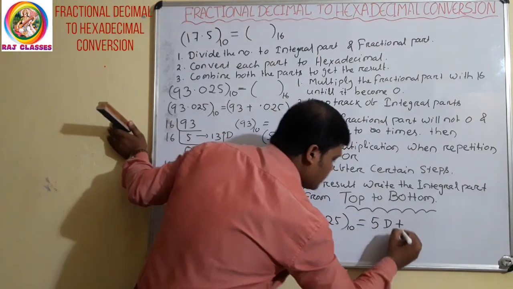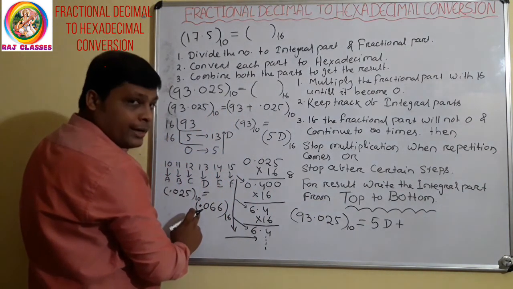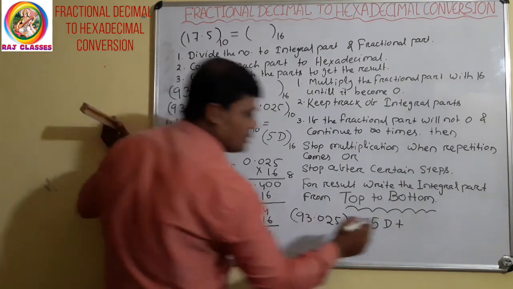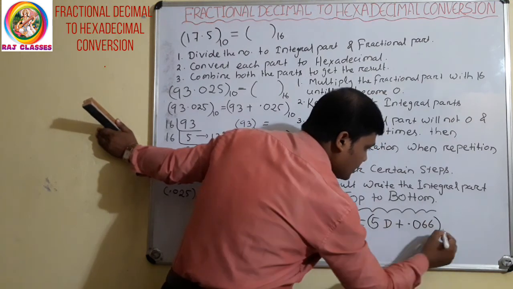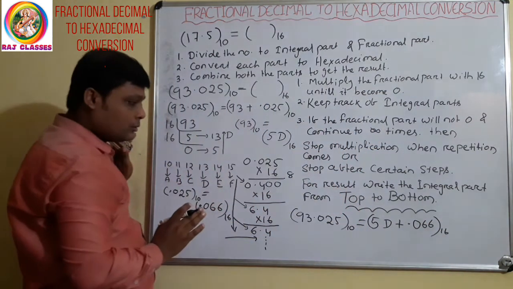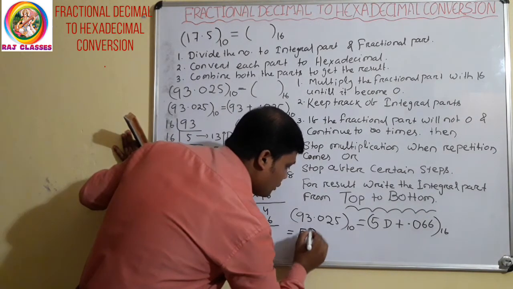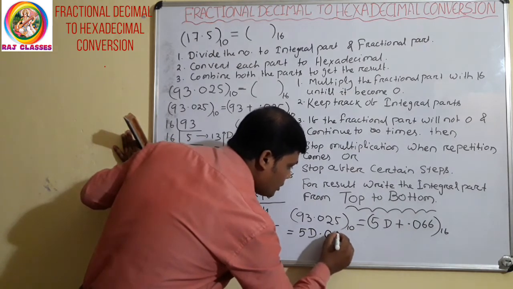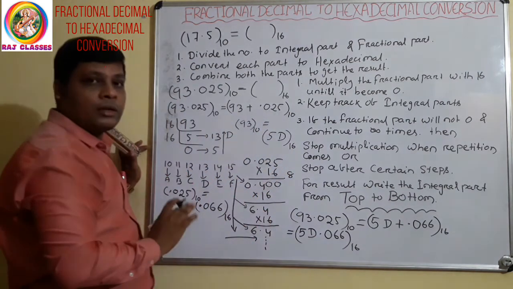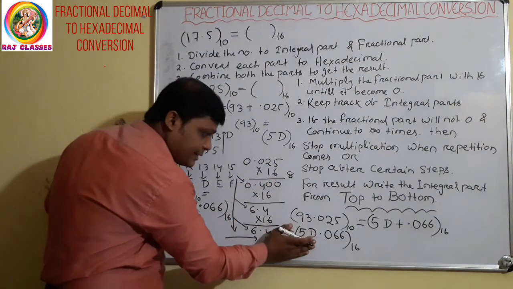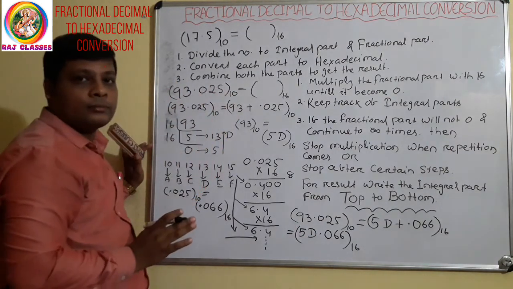For 0.025, the result is 0.066 base 16. So this will be equal to 5D.066 base 16. This is the hexadecimal value for 93.025 base 10.